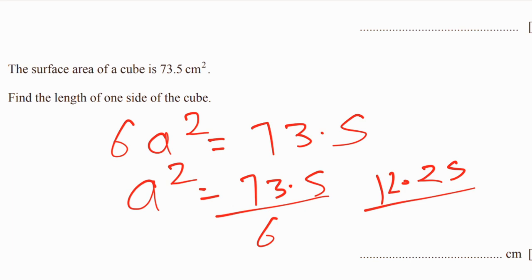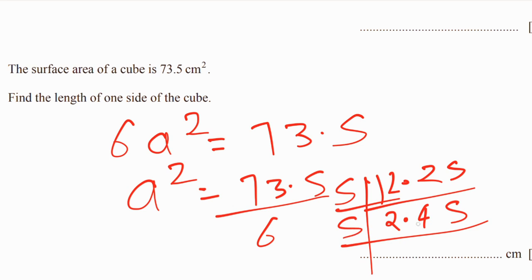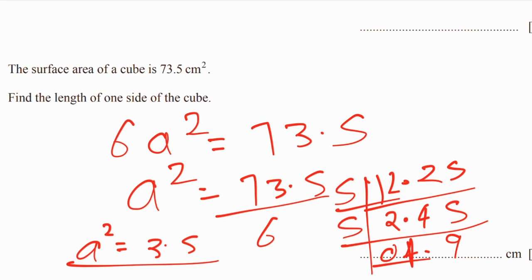Now we have 12.25, and taking the square root of 12.25, you can also use the calculator, we get 3.5.